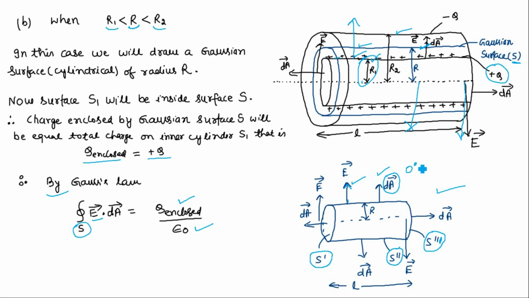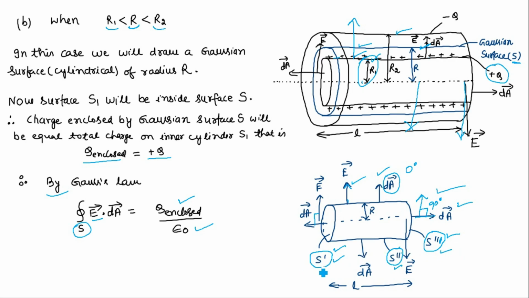On the other hand, for the two surfaces S dash and S triple dash, the angle between the electric field, which is directed radially outward, and the area vector will always be 90 degree. So we can now break this closed integration into the sum of three open surface integrations, that is, integration over S dash, S double dash and S triple dash.